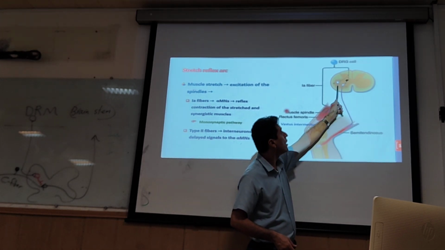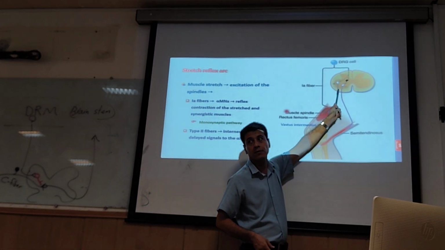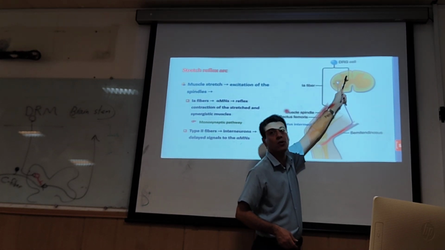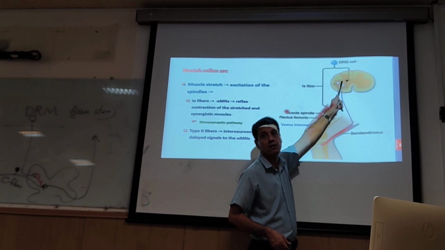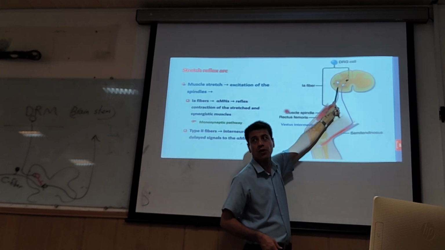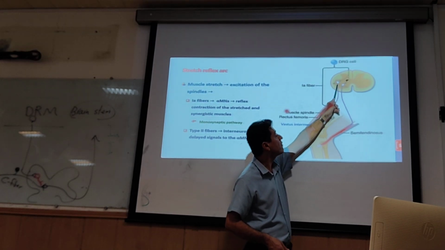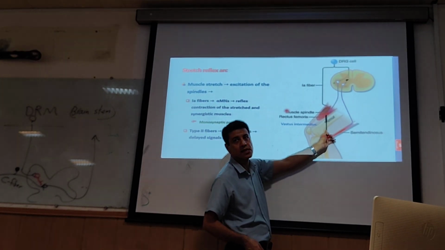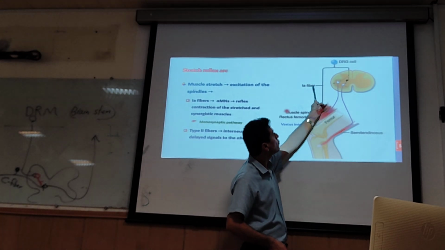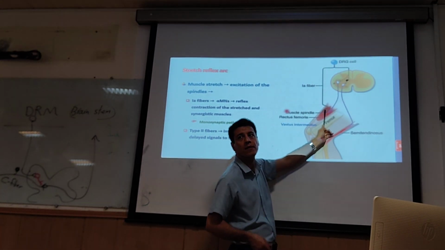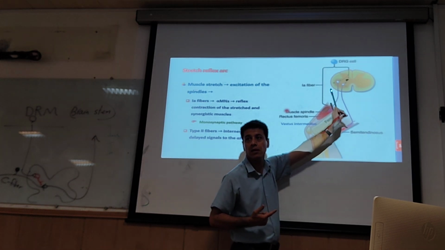One branch goes directly to the anterior horn. It passes the dorsal horn, passes the intermediate zone, and enters the ventral horn. It makes direct synapses on the alpha motor neuron, which goes to the same muscle. So we have a monosynaptic pathway. There is only one synapse here.